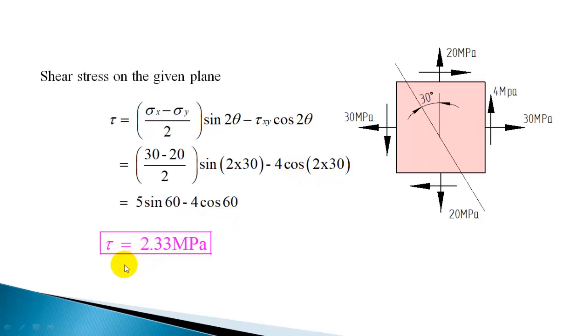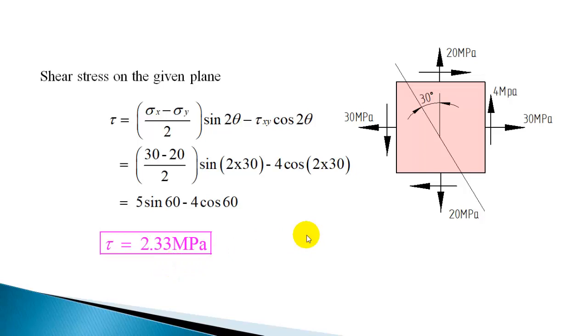It will work out to 2.33 megapascal. So the shearing stress on this plane is 2.33 megapascal. The forces will act like this, which is shearing along the plane.